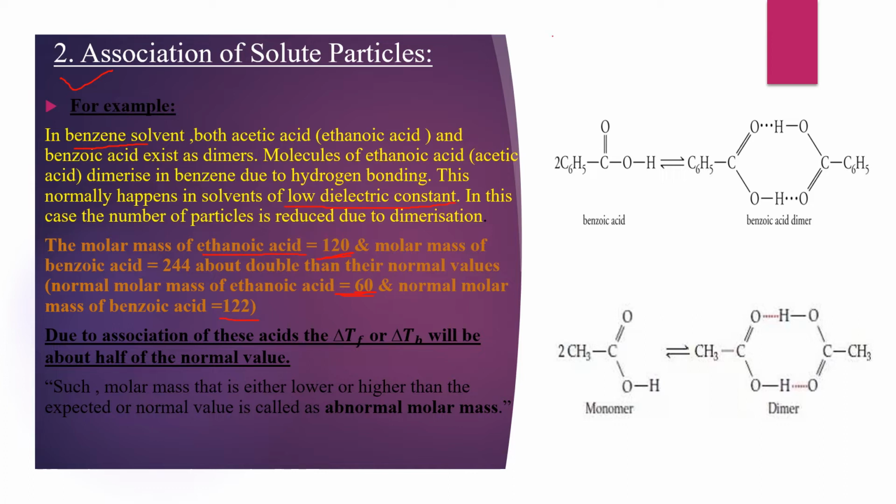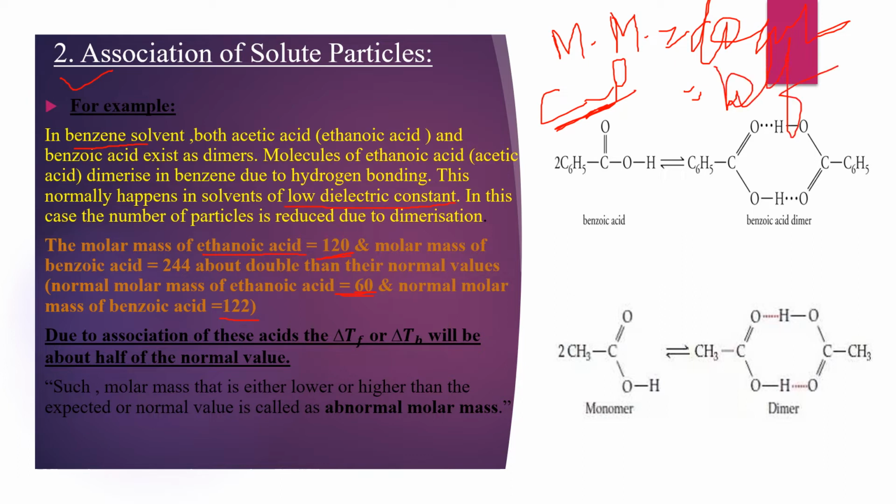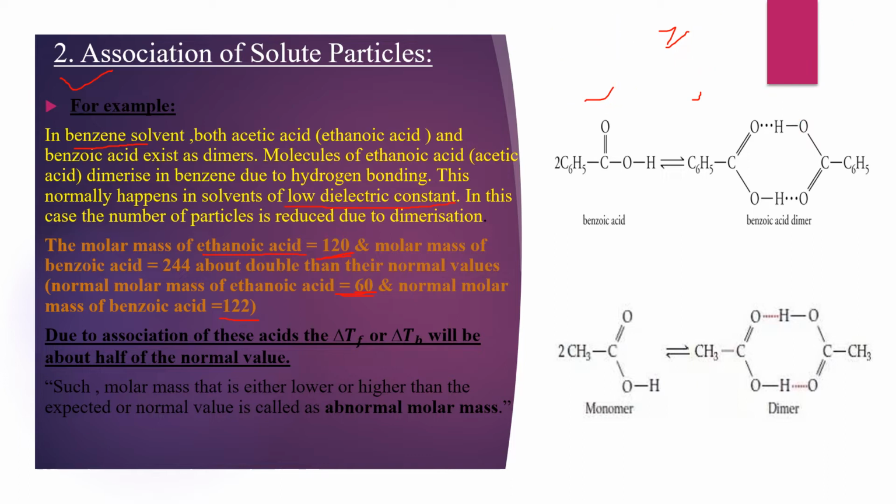If the molar mass doubles due to association, then the colligative property associated with that particular solute will become half, because they are inversely proportional to each other. Such molar masses that are either lower or higher than the expected value are called abnormal molar mass.